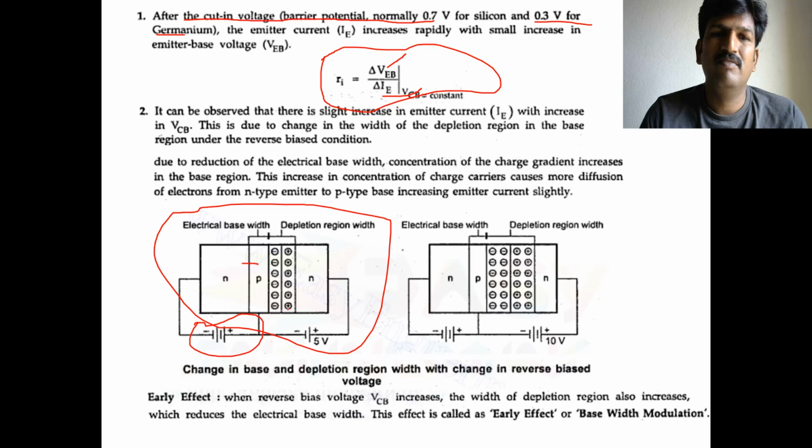Then the voltage applied between the collector and base terminal is the reverse bias voltage. Because of the reverse bias voltage, the depletion region corresponding to the collector and base will become larger. The width of the depletion region will become wider.